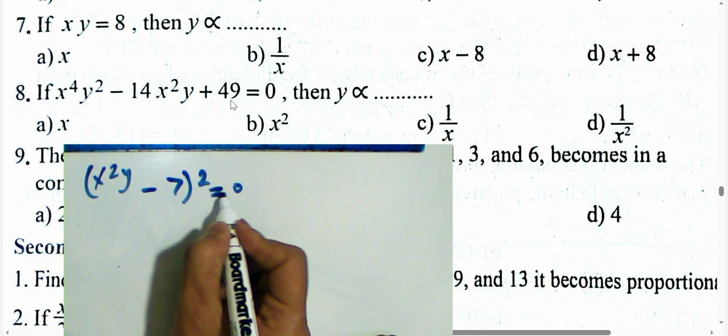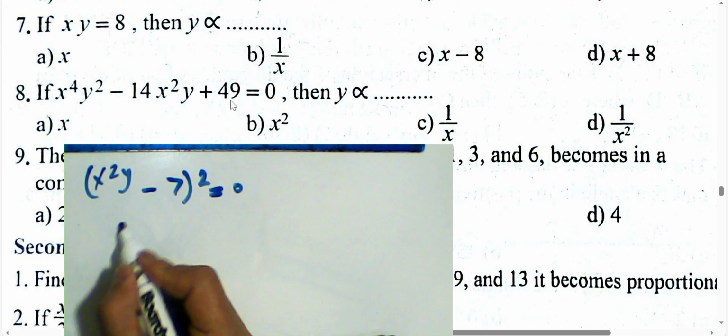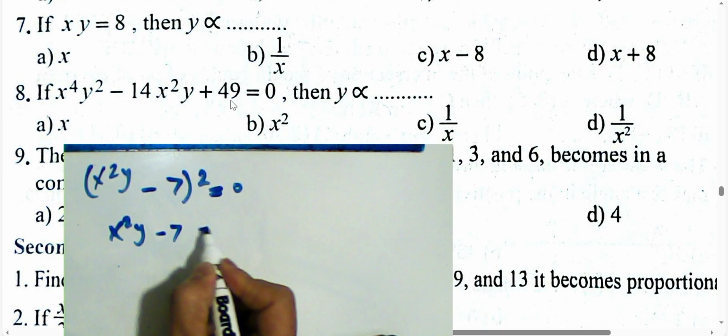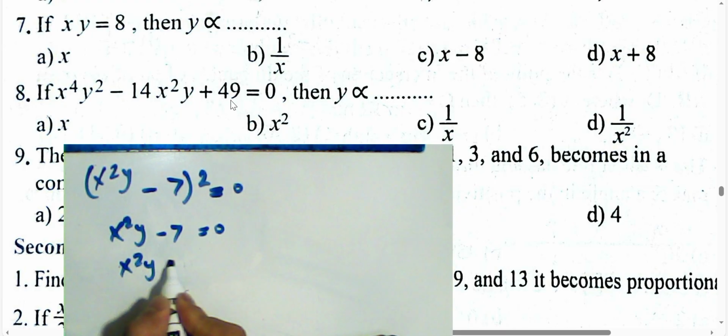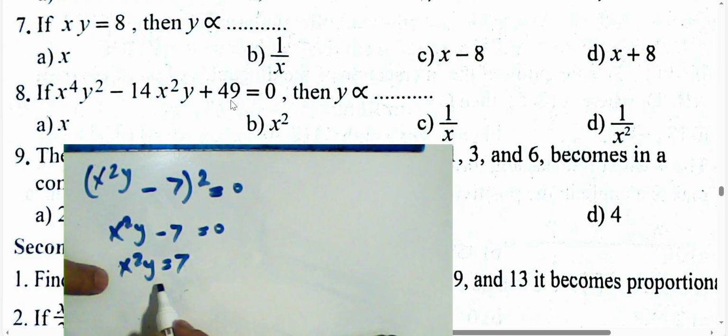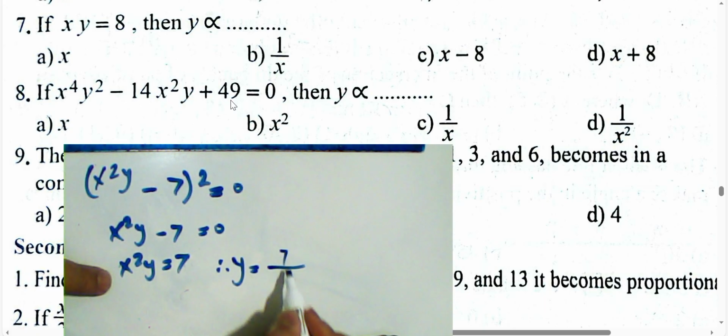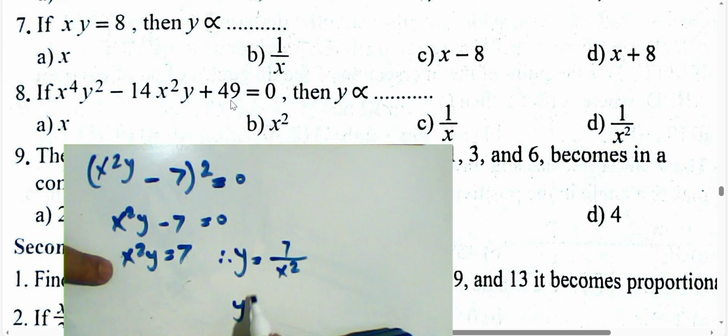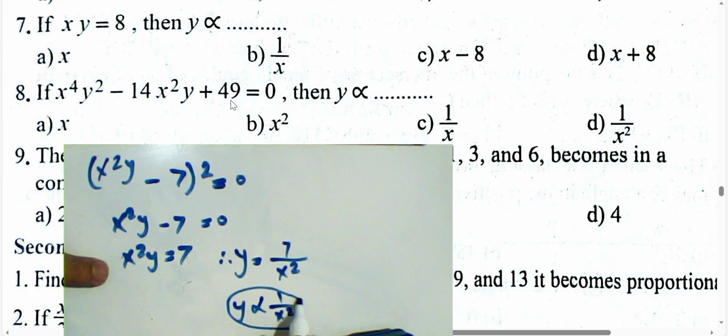Then take the square root of both sides: x squared y minus 7 equals 0. Then x squared y equals 7. We write y equals 7 over x squared. Then y varies directly with 1 over x squared, which is letter D.